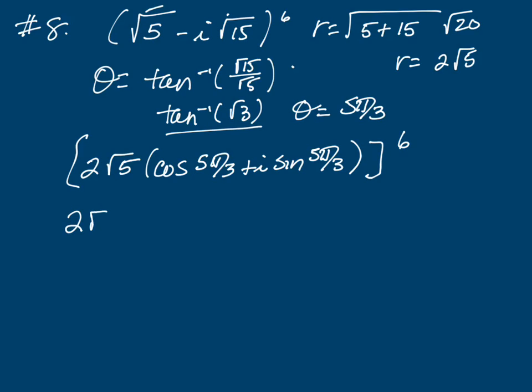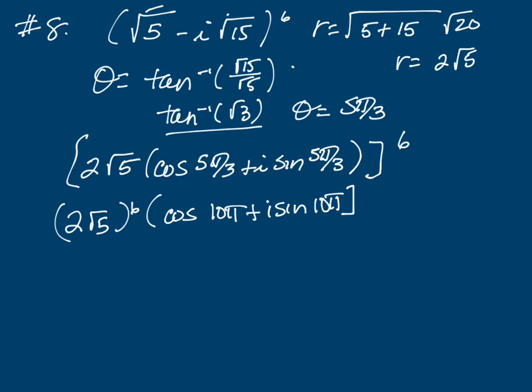So you have 2 square root of 5 to the 6th power times cosine of 6 times 5 over 3, which is 2, so that's 10 pi, plus i sine of 10 pi. So that's kind of easy, 10 pi.